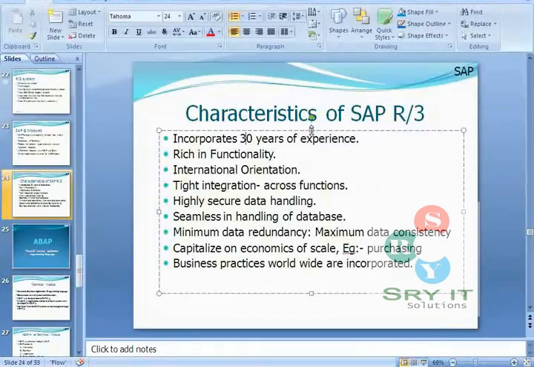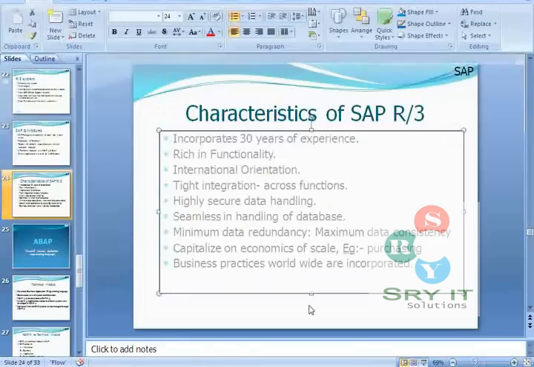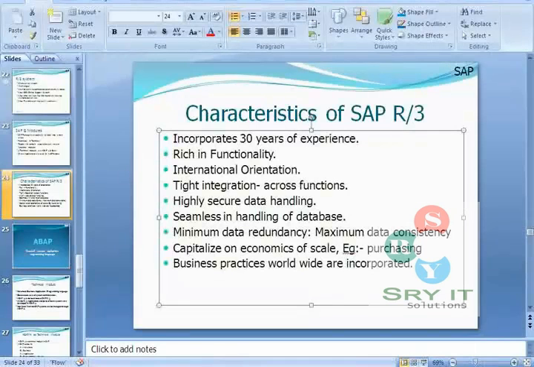Rich functionality means the functionality across the functional modules is very rich. It doesn't mean cost; it's the functionality. They also say it has international orientation: you can do business internationally with SAP.